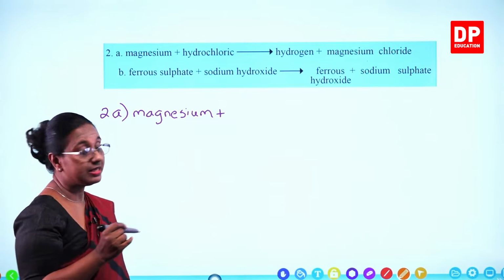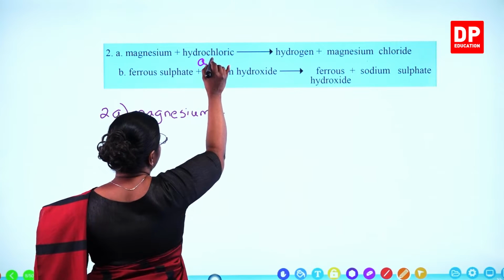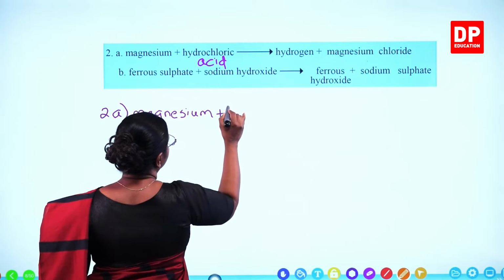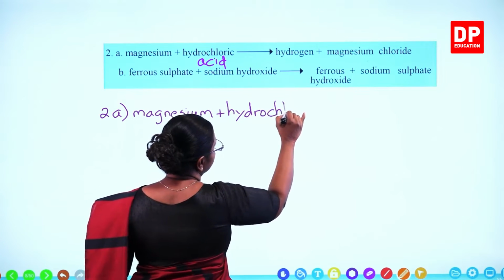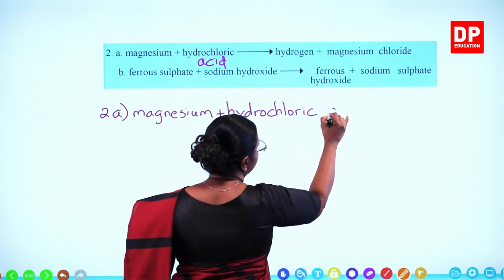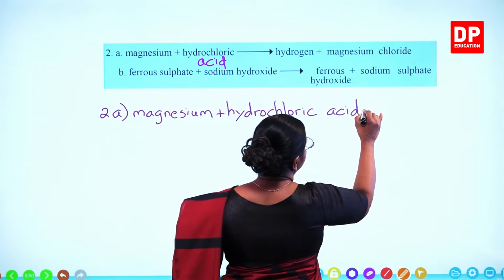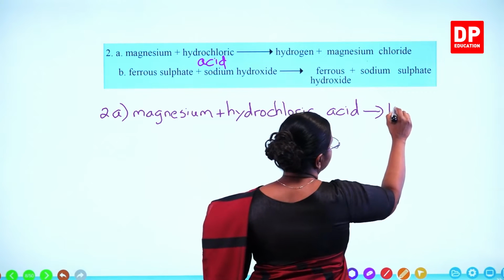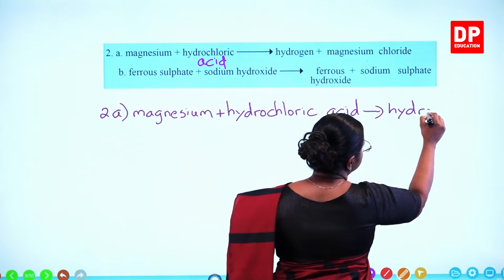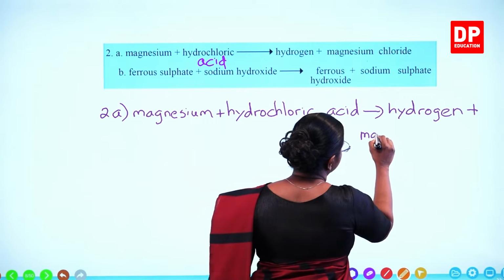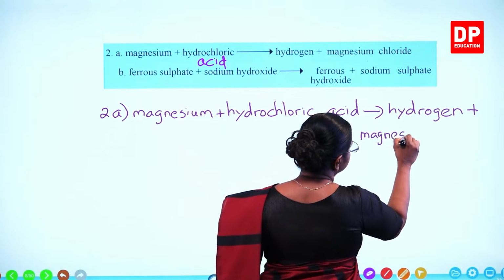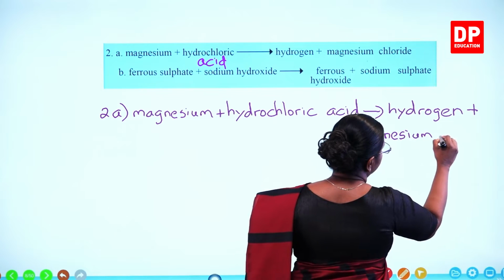Again, there's a printing mistake, students. It should be acid. Hydrochloric acid giving rise to hydrogen plus magnesium chloride.